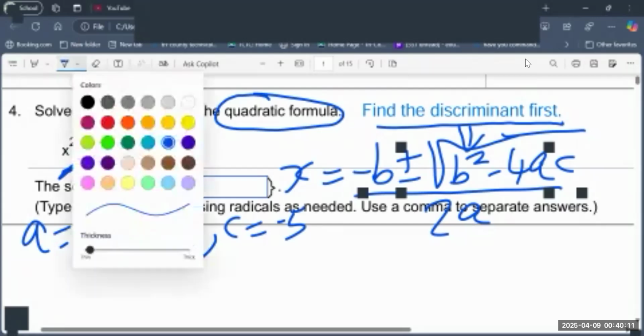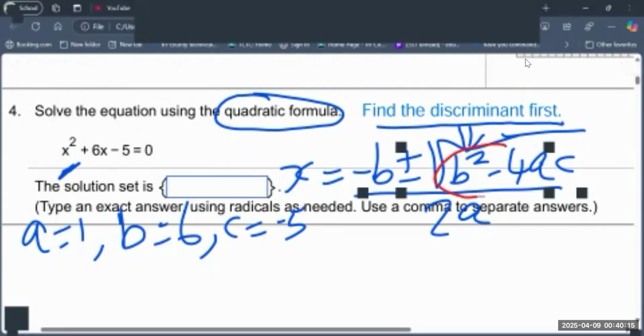The discriminant is the radicand, the quantity inside the radical sign. If the discriminant, let's call it D, is greater than 0, then I have two real solutions.